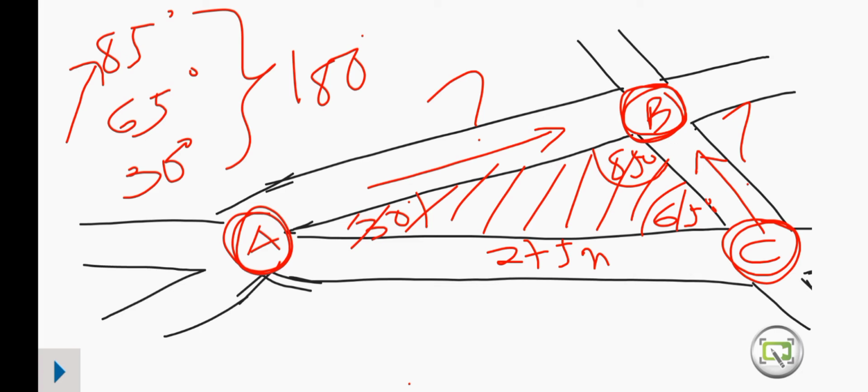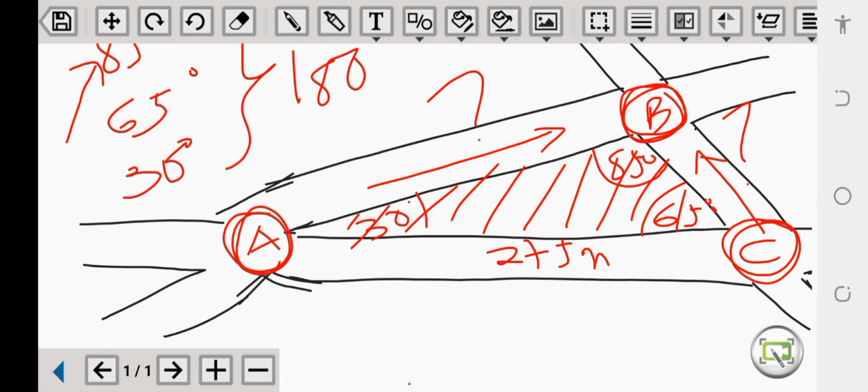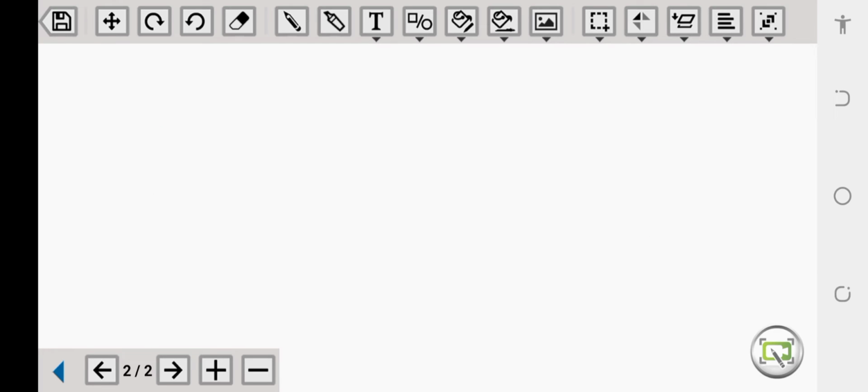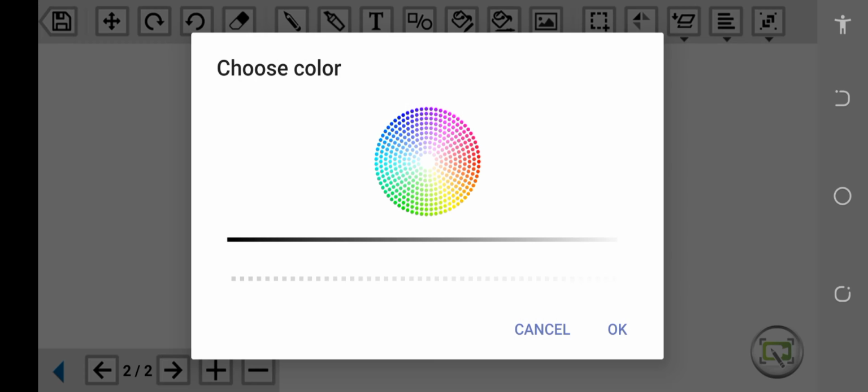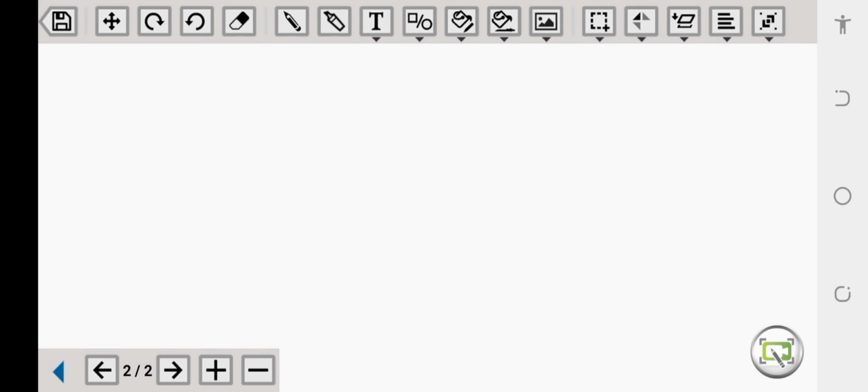All right, so let's move to another slide with a sketch.